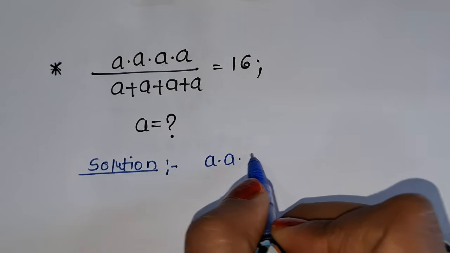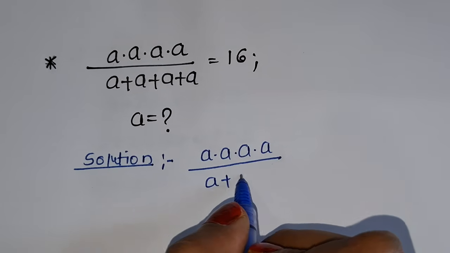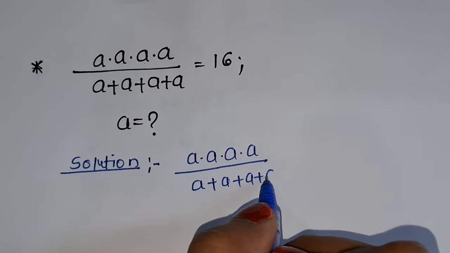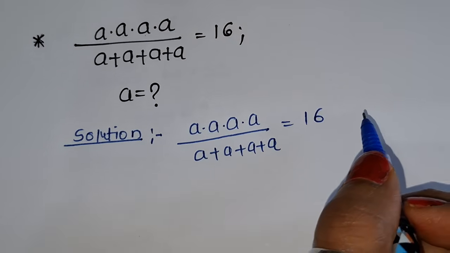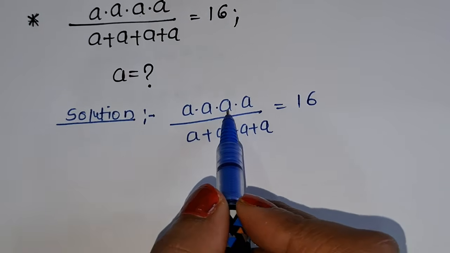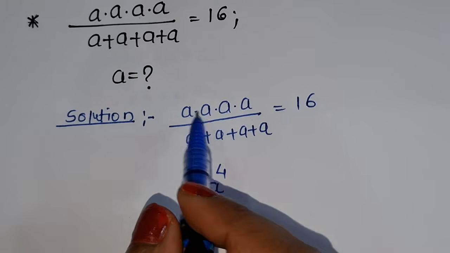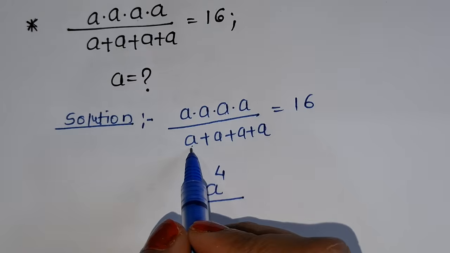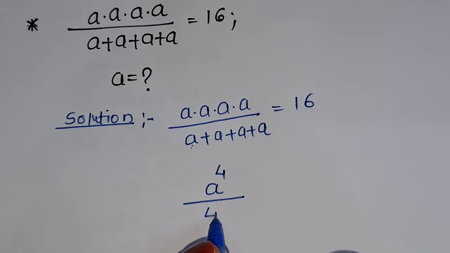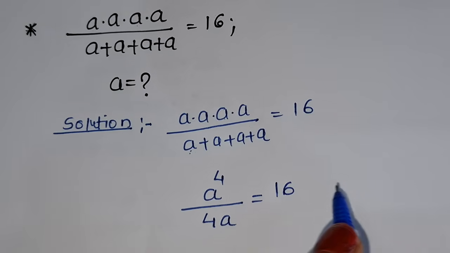A times a times a times a divided by a plus a plus a plus a, 4 times a, is equal to 16. Now a times a times a times a, we can write as a power 4 because this is 4 times, and here we can write 4 times a, so it becomes 4a is equal to 16.